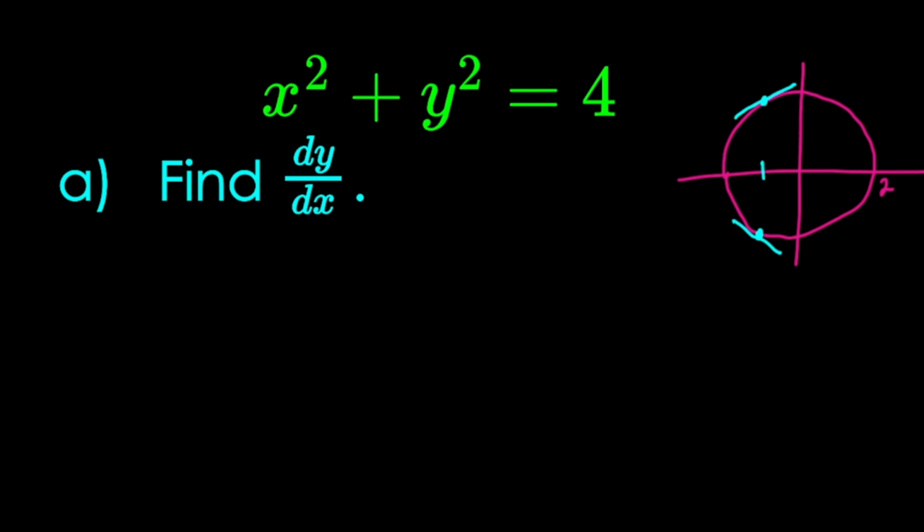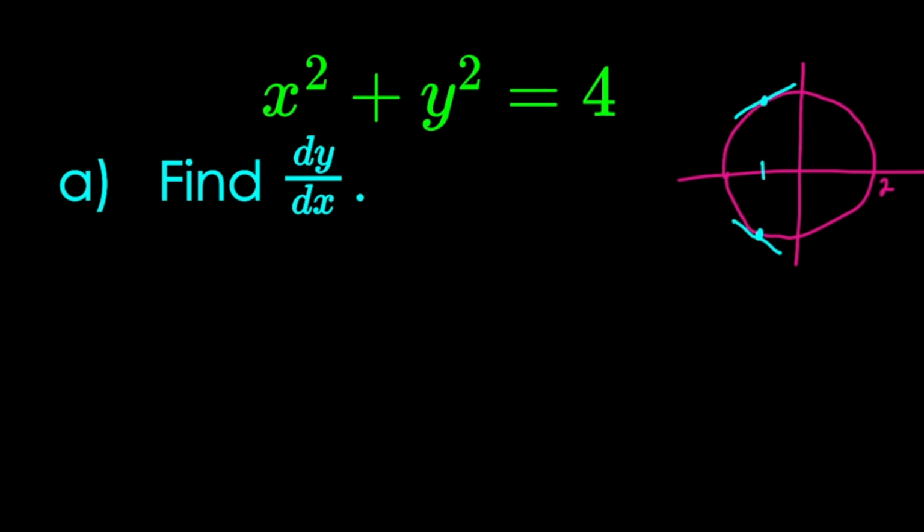So the value of the slope of the tangent line depends not only on x, but also on y. So finding dy/dx should result in an expression that has both x's and y's, and can be used to calculate the slope at any point on the circle that might be of interest.